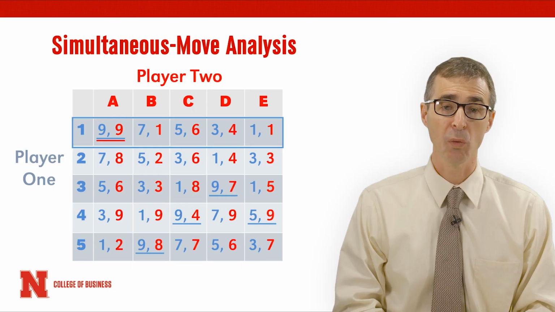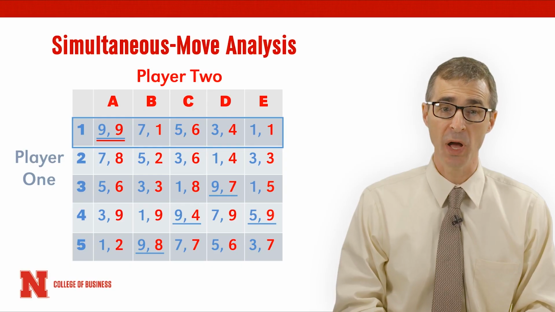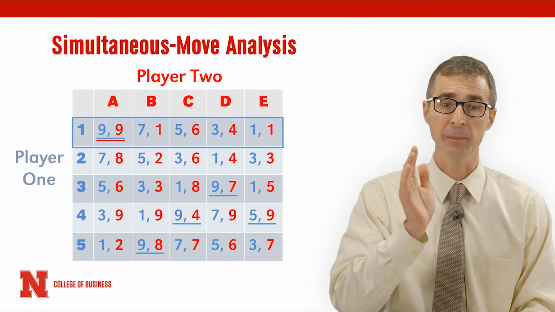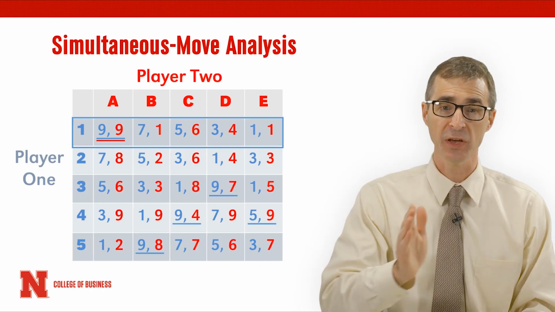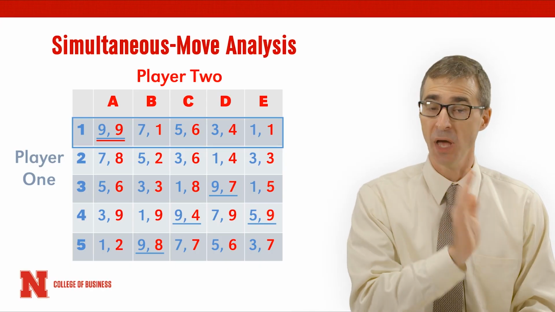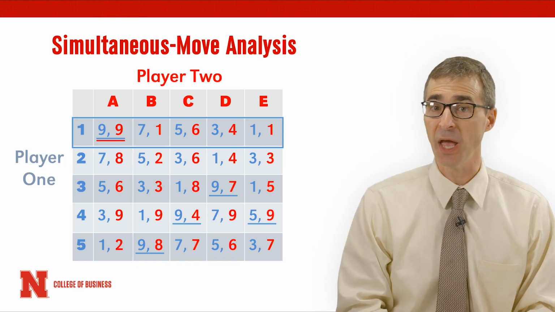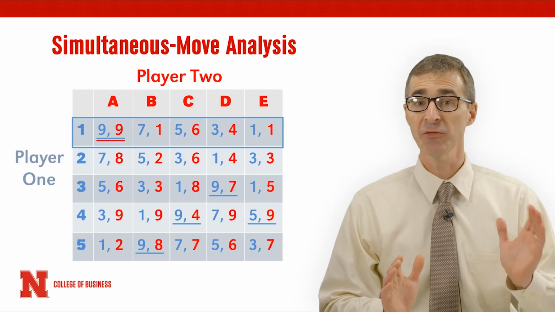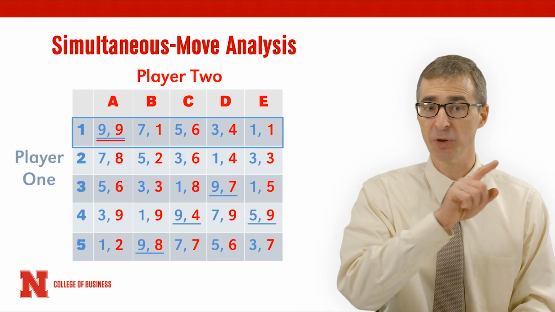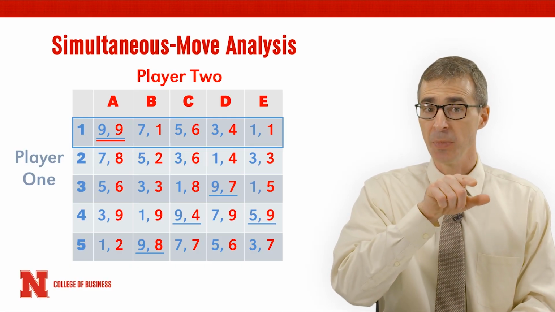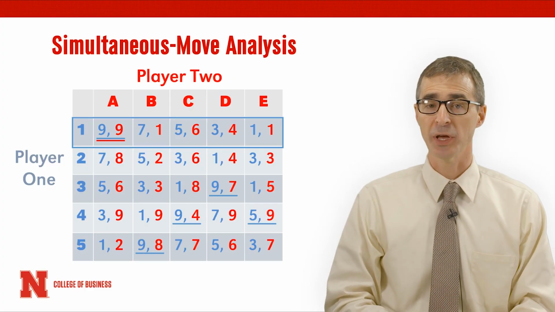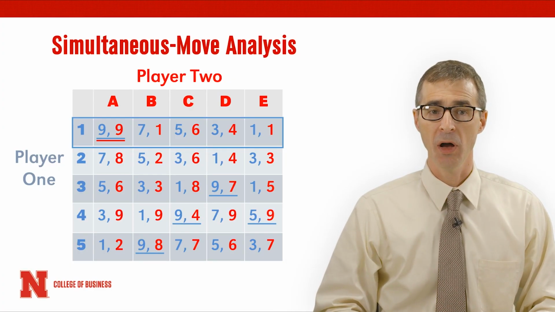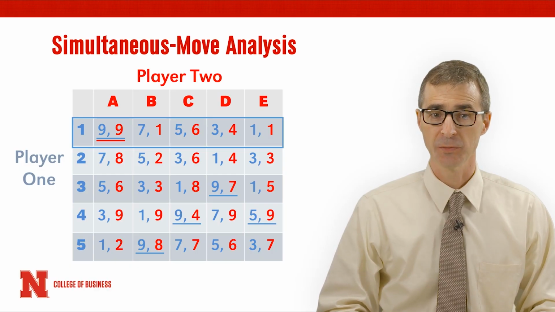For example, in row 1, if player 1 is pursuing strategy 1, player 2 could pursue strategy A, B, C, D, or E, and the payoffs would be 9, 1, 6, 4, and 1. 9 is the highest payoff, and so strategy A would be player 2's best response if player 1 is pursuing strategy 1. So we'll put another underline there, this time in red for player 2, and we'll do the same thing for all of player 1's strategies.